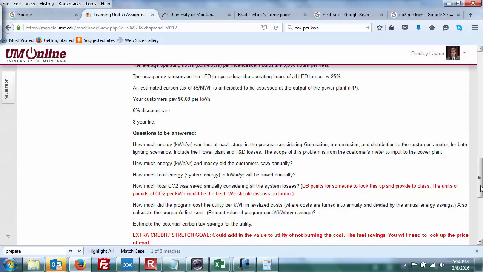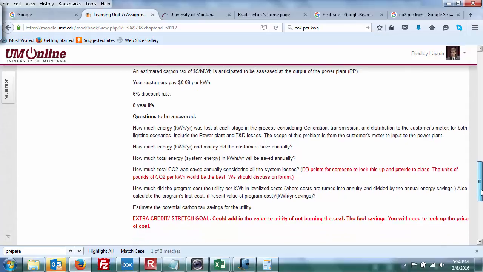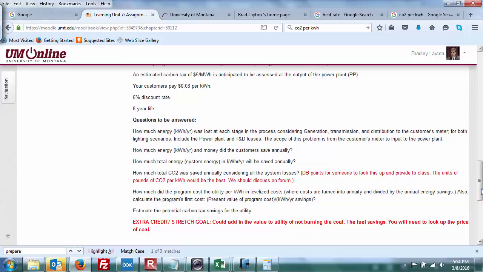Also calculate the program's first cost, present value, kilowatt hours per year, estimate the total. Okay, we got the CO2. How much did the program cost the utility per kilowatt hour?